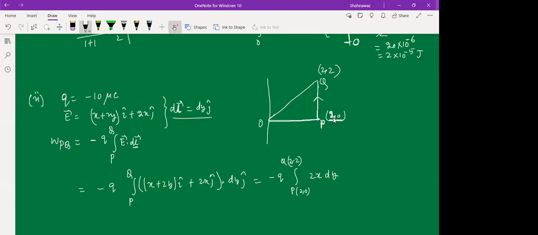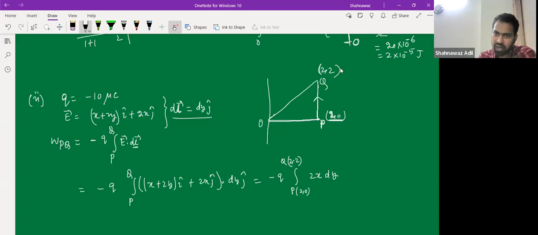And what is the value of x at point Q? 2 again, right? So it is fixed, it is constant. X is not moving. So we can put it equal to 2 and 2 into 2 would be 4. So minus 4Q and integral of dy. So we should take the limit of y. So y goes from 0 to 2.